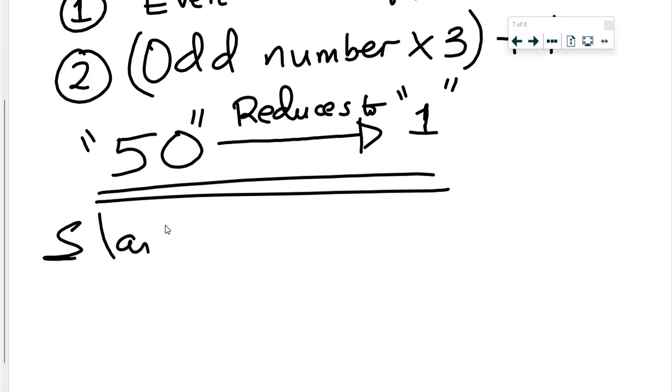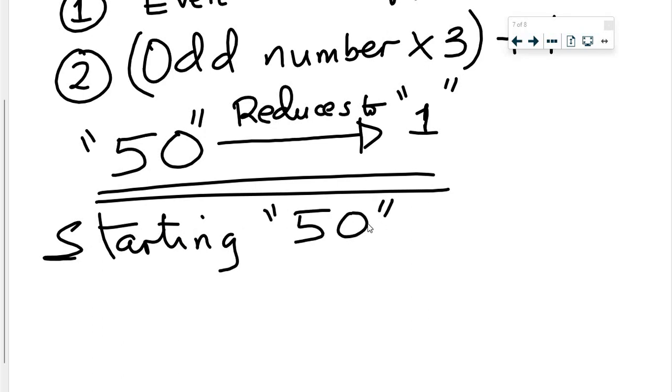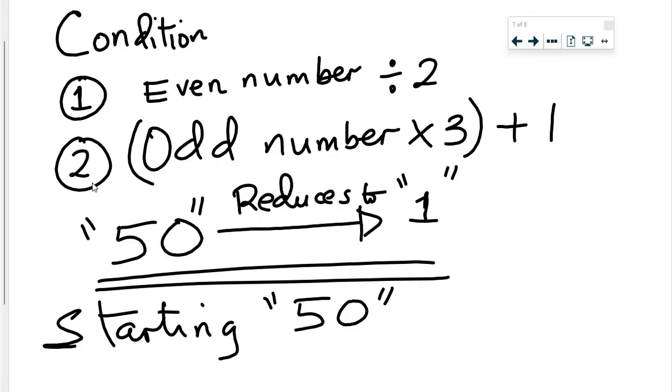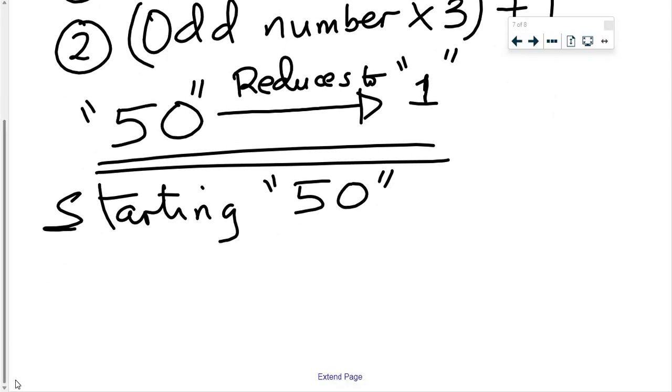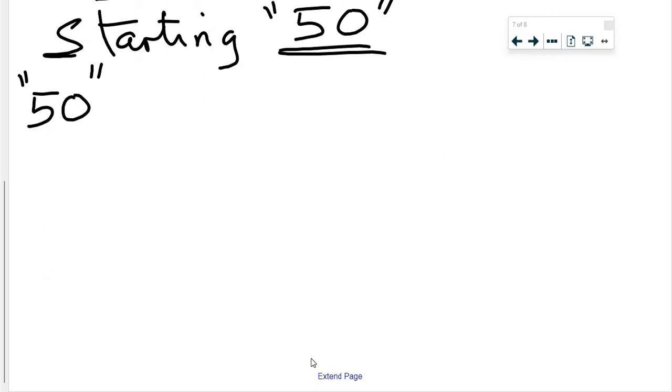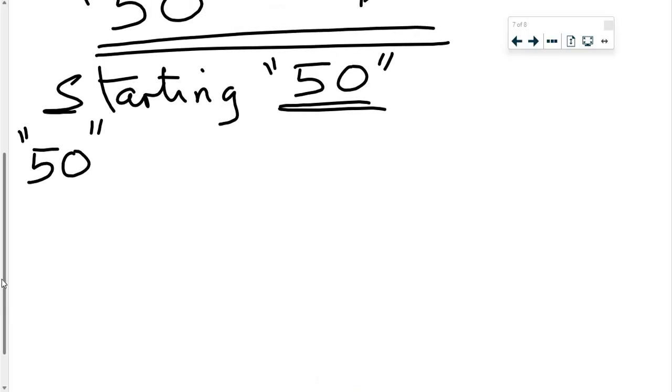Starting with the number 50. We're going to follow these 2 conditions step by step and make sure that we don't get confused. Now, starting with 50, you take 50, put it here, and then start reasoning. Is 50 odd or even? 50 is an even number.